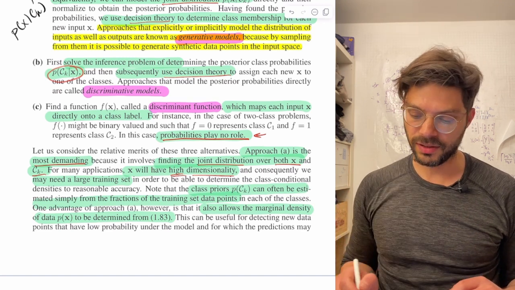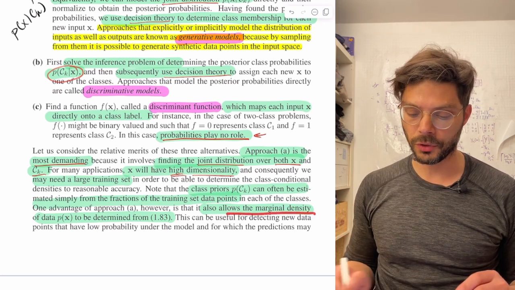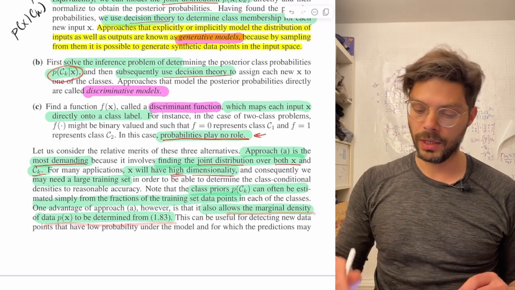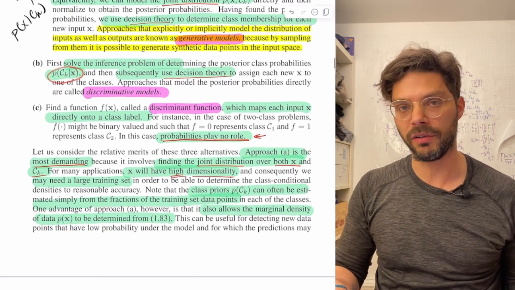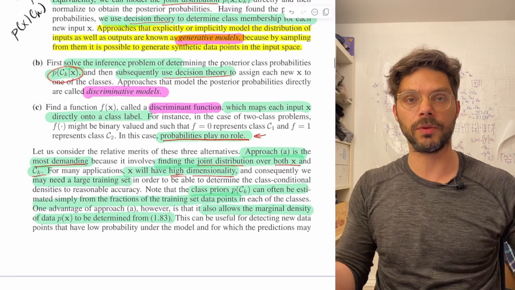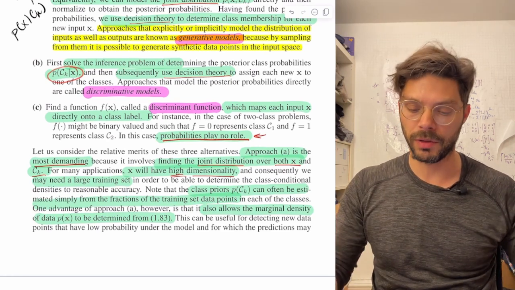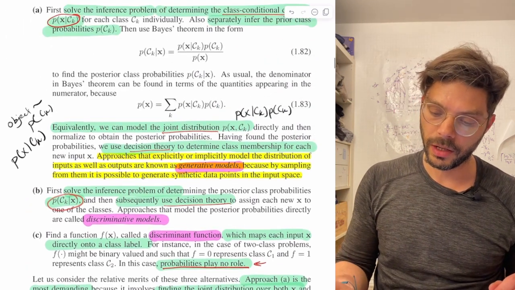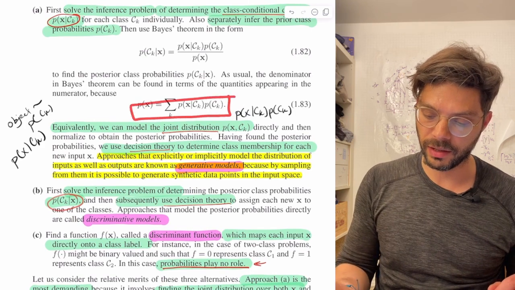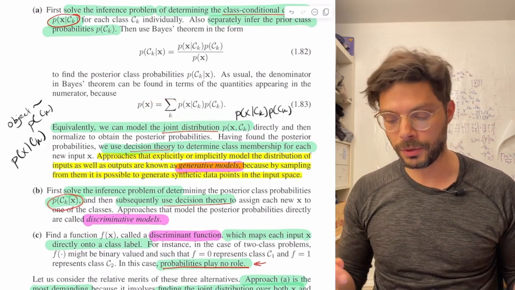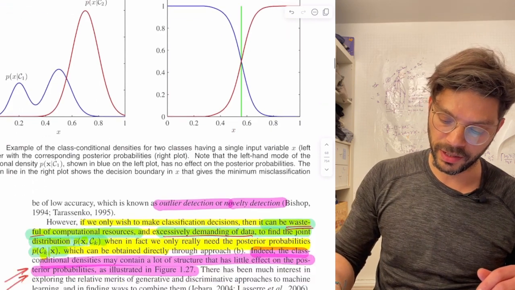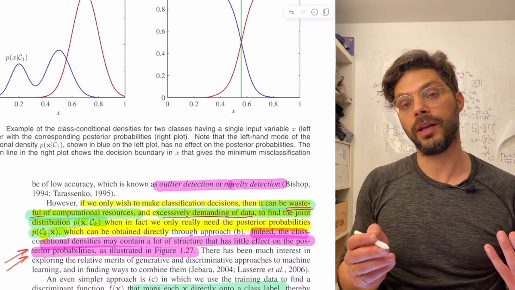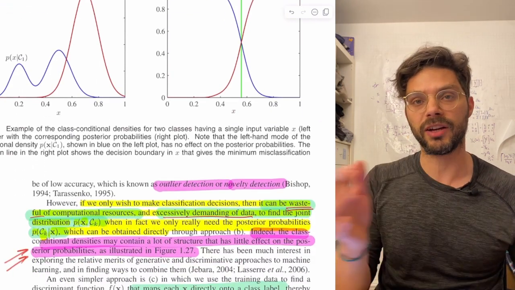One advantage, he says, is that it does allow the marginal density of data to be determined. Remember that when we have the generative distribution, we basically have the joint distribution, and from the joint distribution you can compute everything you want. In particular, you can compute the probability of a data point. Why is that useful? Then you can tell that a particular data point might be quite unlikely, so p of x might be quite low.